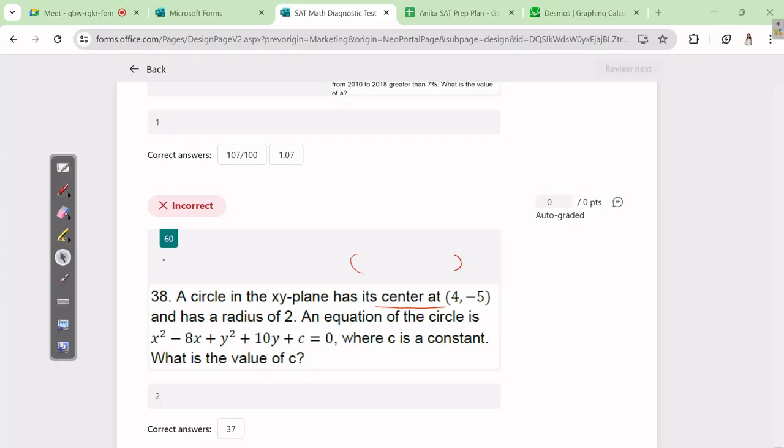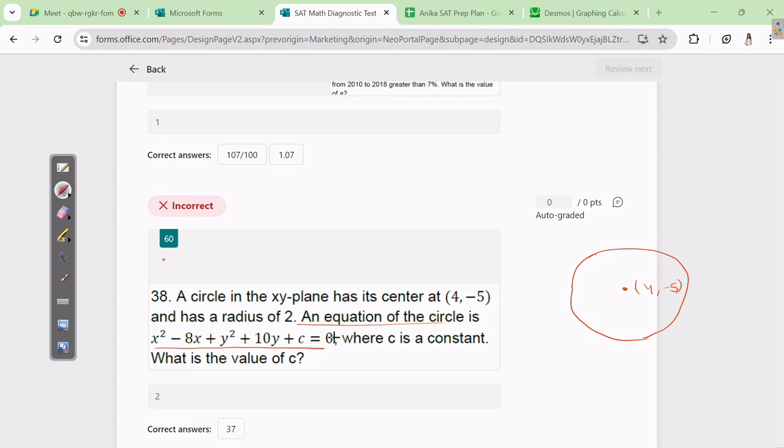So the center is 4 comma negative 5, and its radius is 2 units. And its equation is also given to us. We have to find out the value of c.